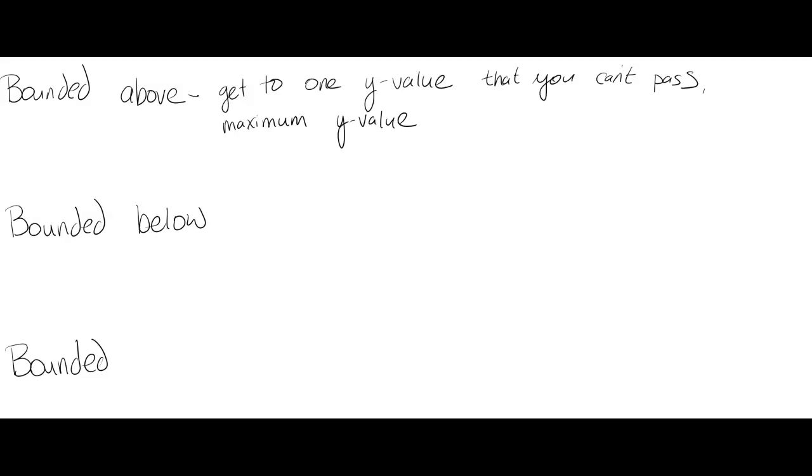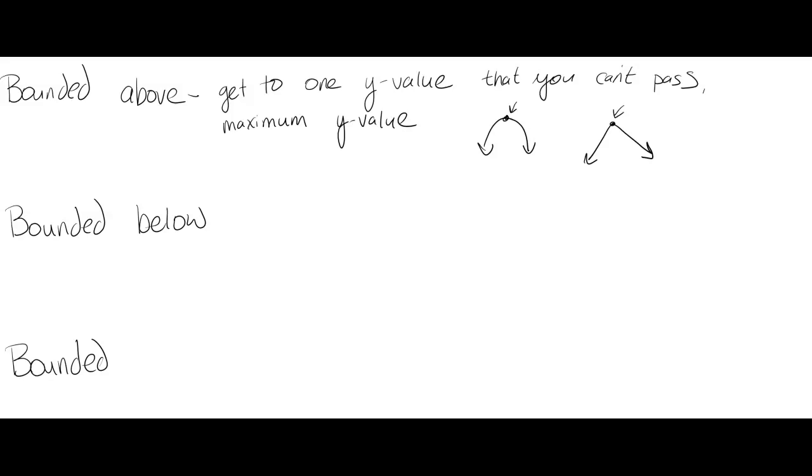The most common type of bounded above that you have seen so far is definitely upside down parabolas or upside down absolute values. It just depends on what happens, but basically none of your graph is going to go past this y value.